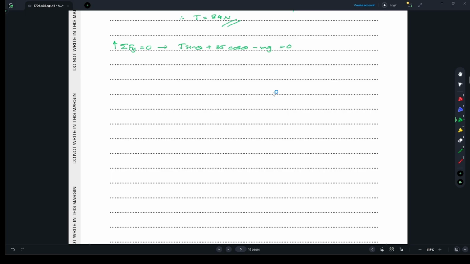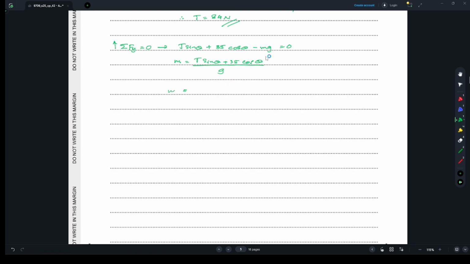What we can do now is bring mg to the other side, so it's plus, and then divide both sides by g to make m the subject. So I can write m equals T sine theta plus 35 cos theta, divided by g.